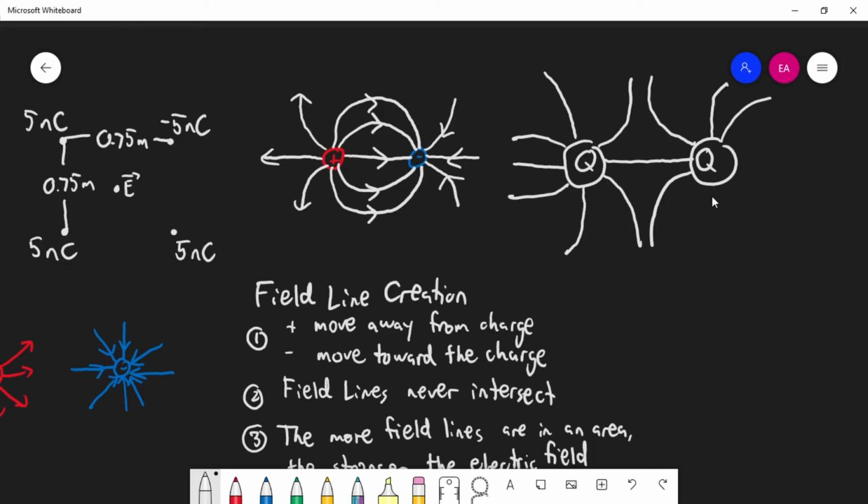I forgot this one. So it kind of looks like a spider, like that. This is with two like charges. This is with two opposite charges.